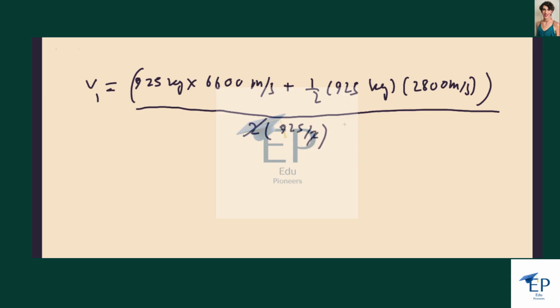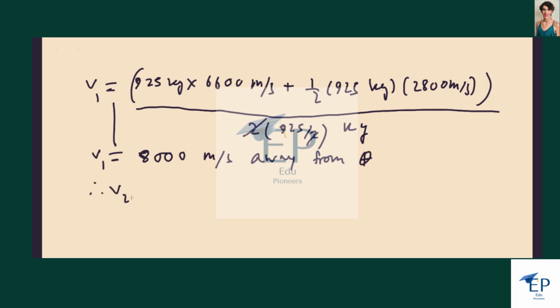In other words, 925 kilograms. And what you get is 8,000 meters per second. And this is away from the Earth. So one section is moving at 8,000 meters per second away from the Earth.